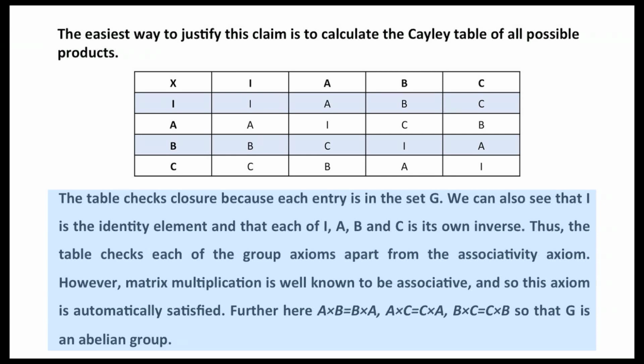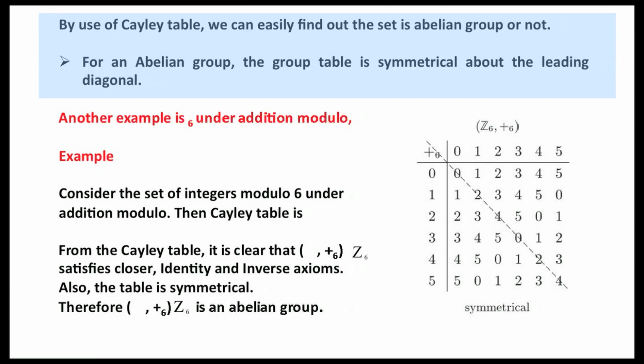Further, here A into B is equivalent to B into A, which is C; A into C is equivalent to C into A, and B into C is equivalent to C into B, so that G is an Abelian group. By use of the Cayley table, we can easily find out whether the set is an Abelian group or not.